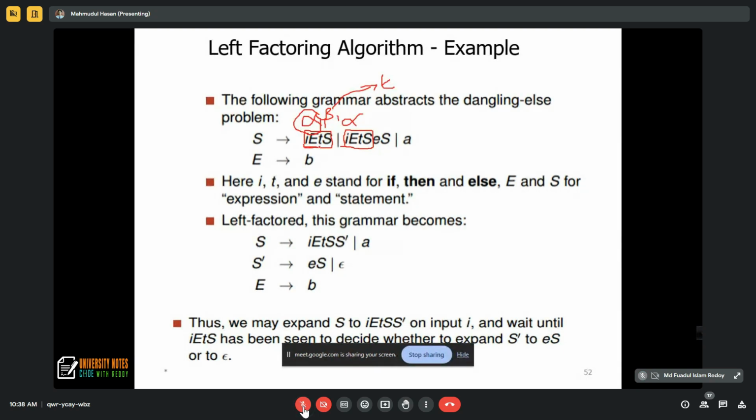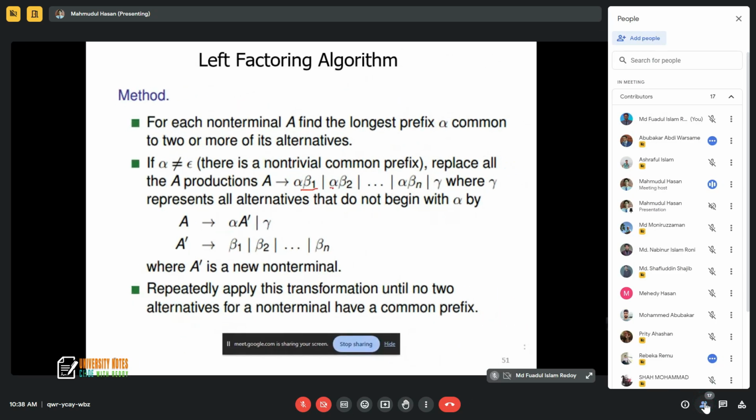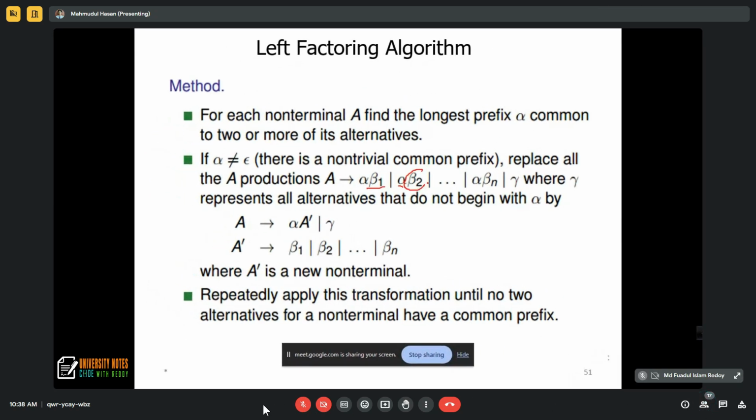For this left factoring, as there is alpha, you need beta, and beta is nothing, that's why beta 1 is epsilon. Okay, got it? And with this alpha there is a beta 2, that is ES. Look at the formula, alpha then beta 2.